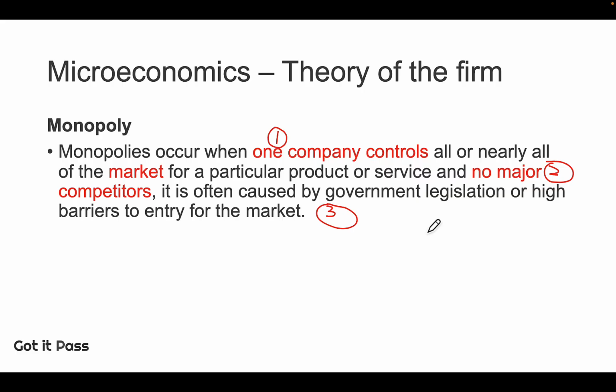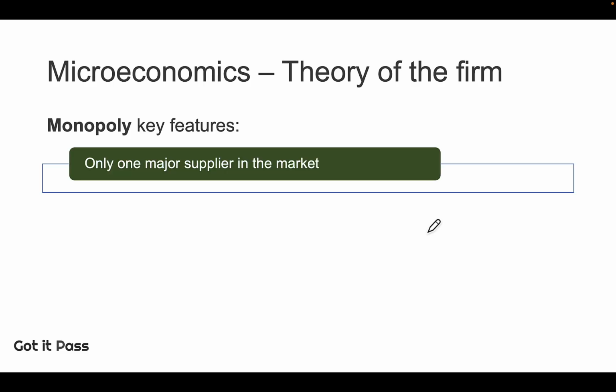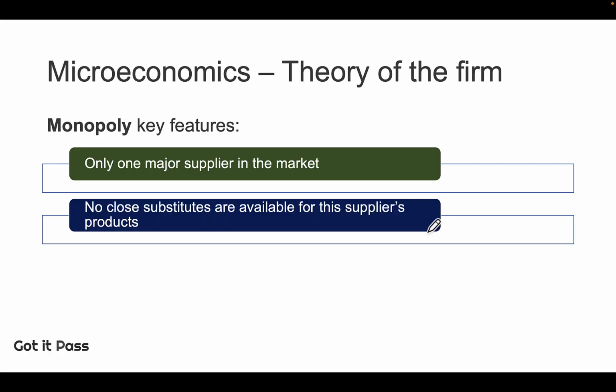So here is the definition for monopoly and the key features of monopoly. First, only one major supplier in the market. As we discussed before, there is only one supplier in the market, and you cannot find substitutes easily for the product or services provided by this single supplier.